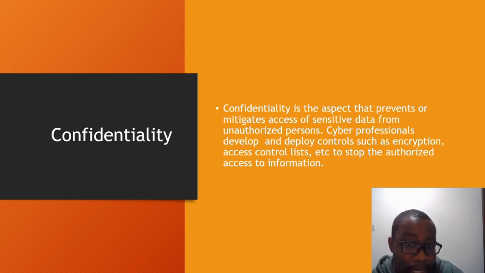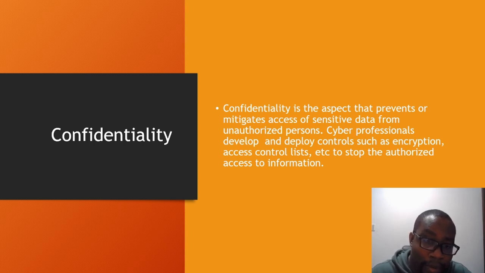You have to have the decryption key to unjumble it to find out what the original message was, right? And by doing that, you're preventing the data or that process or that system from being accessed by someone who's not supposed to have it, right?